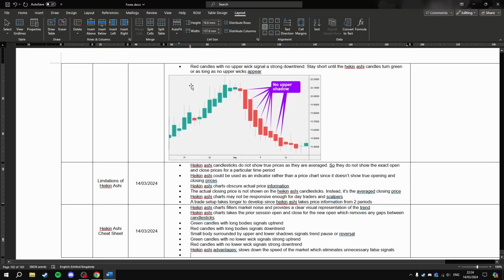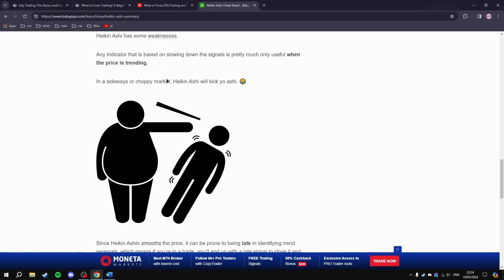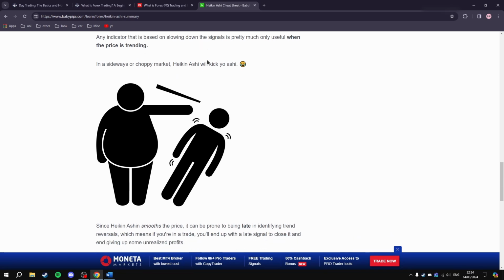Disadvantages. Any indicator that is based on slowing down the signals is pretty much only useful when price is trending.